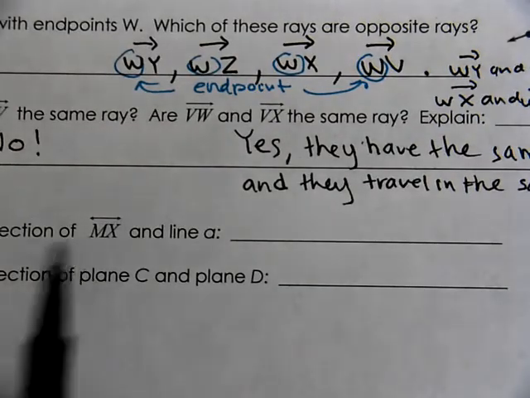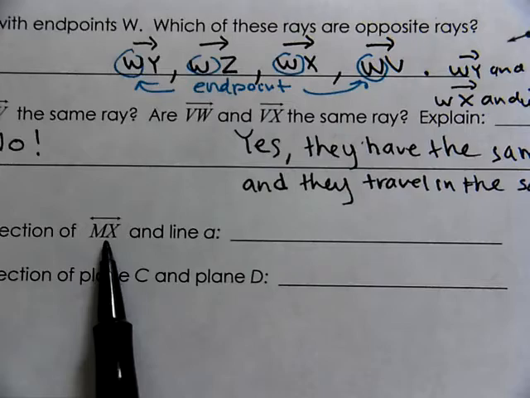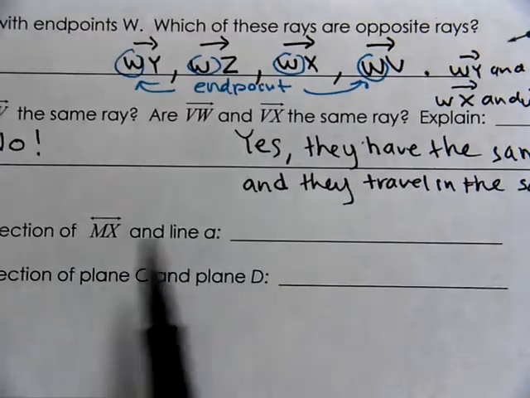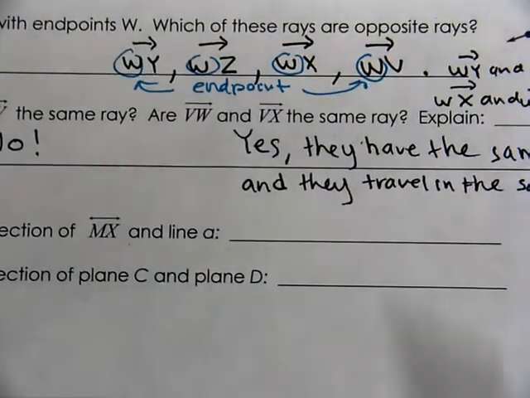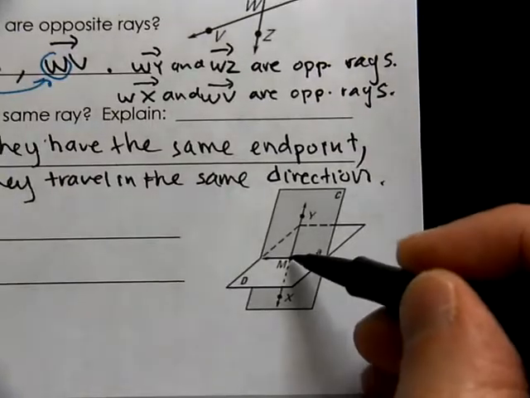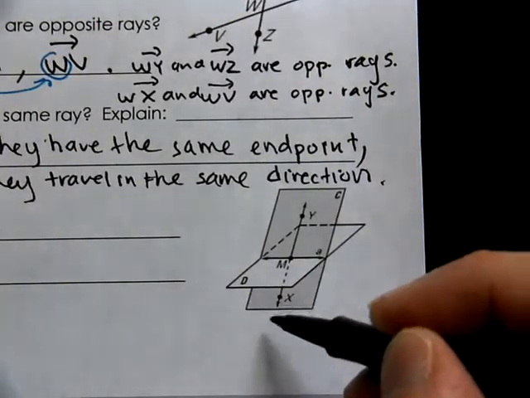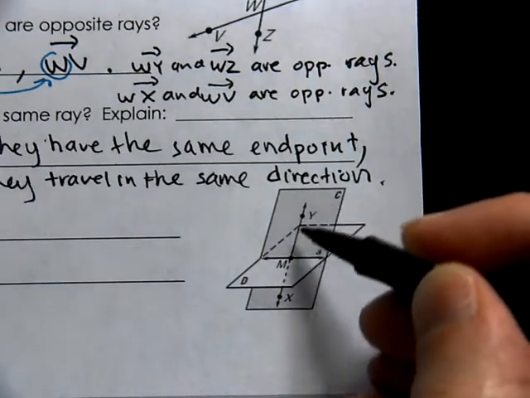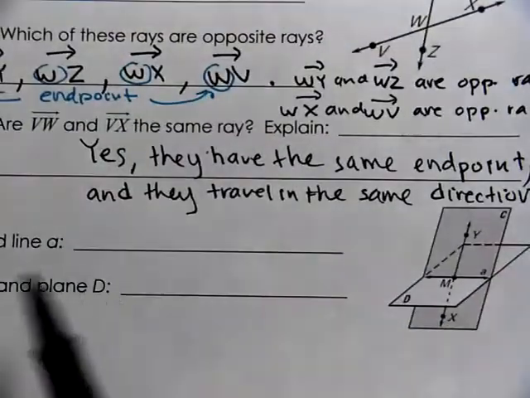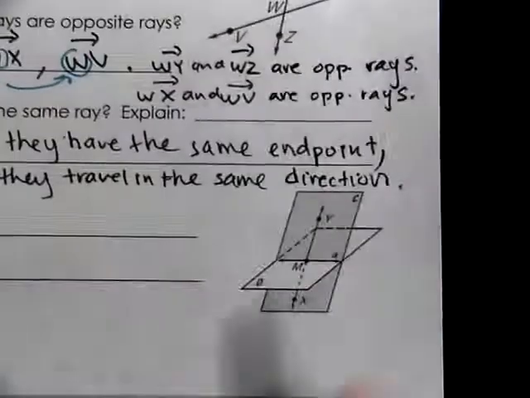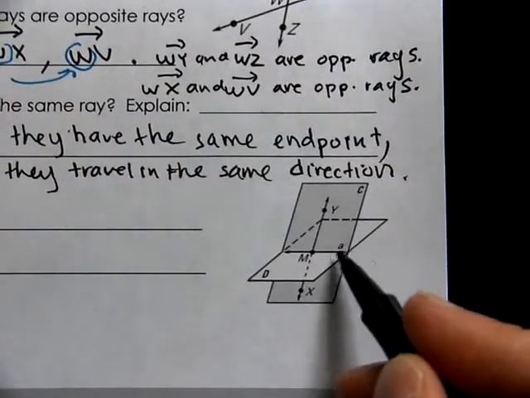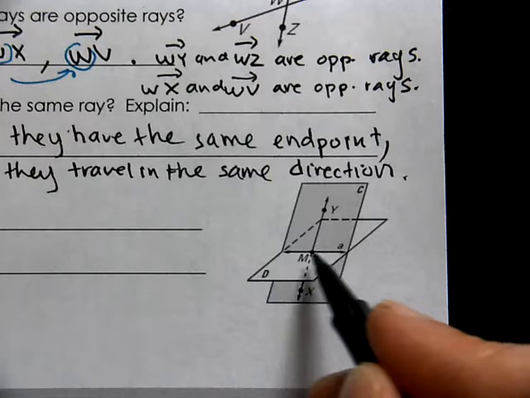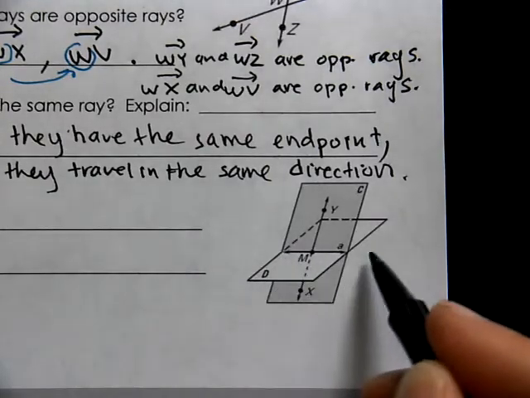Name the intersection of line MX and line A. We're looking at two lines here. So line MX. There's M. Below that is X. So this is line MX, sort of going up and down, if you will. And then the second line is called line A. And there's little lowercase a that's describing this line that's extending left to right.